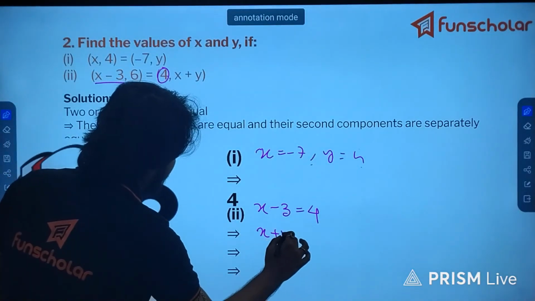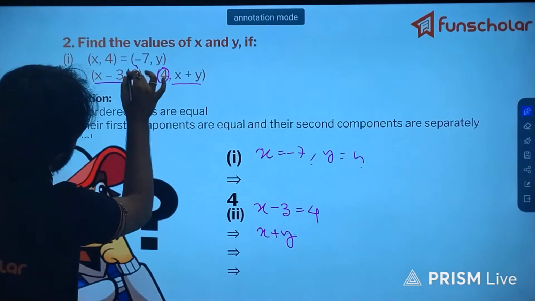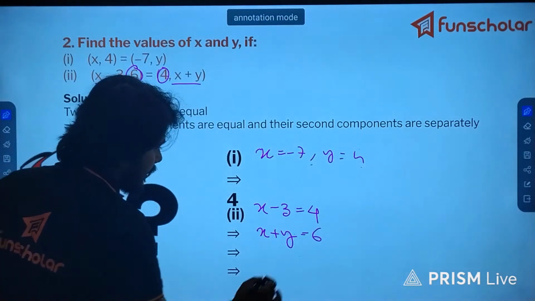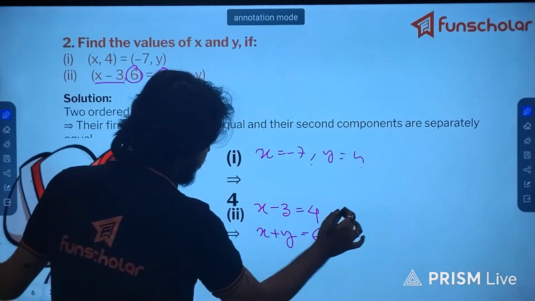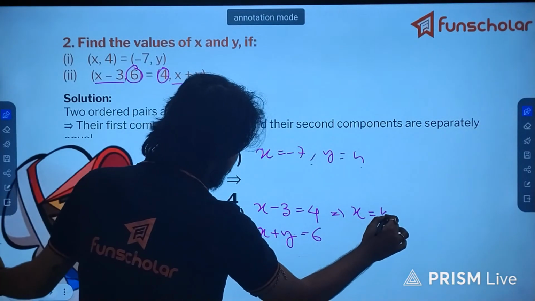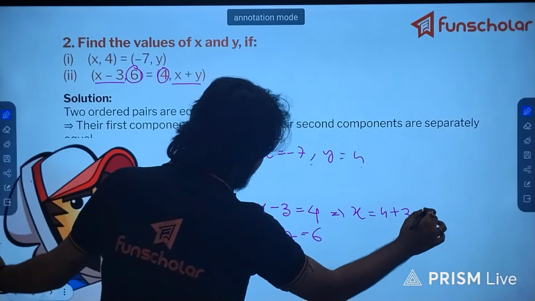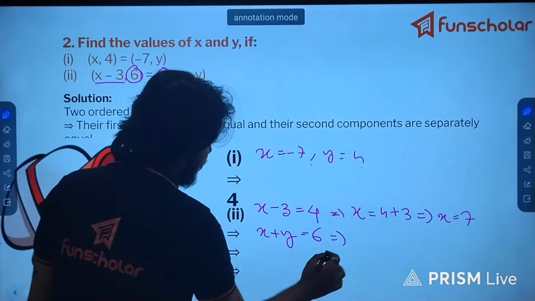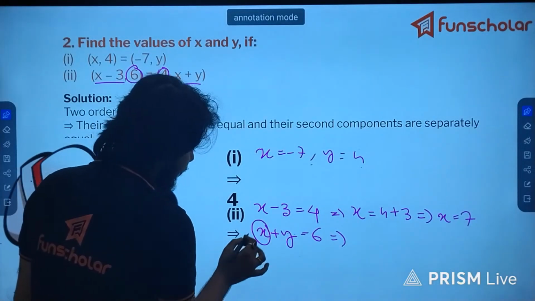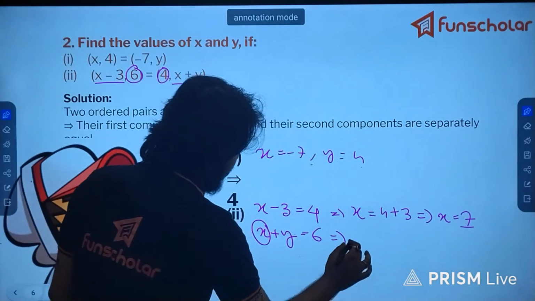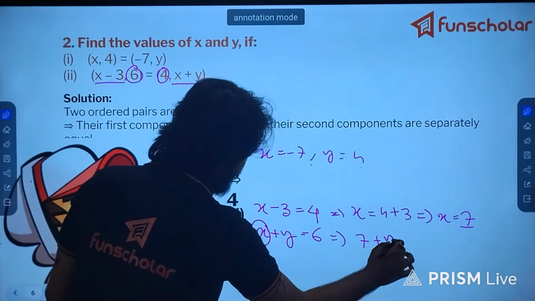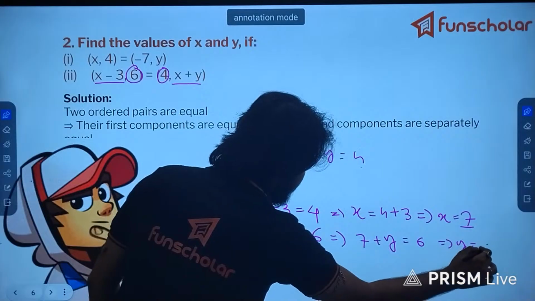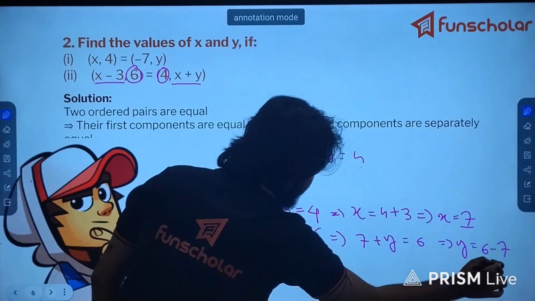The value of x plus y, this second component will be equal to this second component, so x plus y equals 6. From the first equation we get that x equals 4 plus 3, or x equals 7. And from the second equation, if we substitute x with 7, we will get 7 plus y equals 6, or y equals 6 minus 7, that is -1.